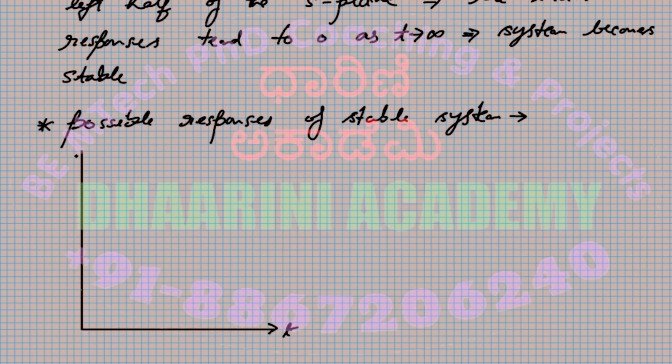This is t versus c of t. As we know now, we have the steady state output expected like this. It's not going to come to the steady state immediately as soon as you turn on, but it's going to take some time, and it will ultimately reach that. So this is one of the positive cases.